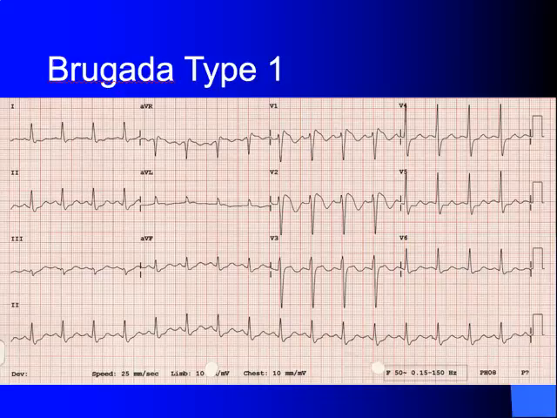An example of Brugada type 1: look at our isolated ST elevation in V1 and V2, that characteristic coved ST elevation with no reciprocal changes, and really no specific findings other than that isolated ST elevation.